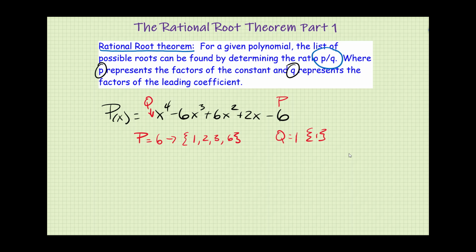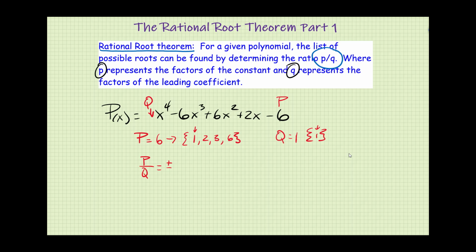So what that means for p over q would be the ratio of those lists of factors. You start with plus or minus because we don't know the combination. How did you get this -6? Was it -1 times +6? Was it -6 times +1? You don't know how that's set up. So we do the first factor here divided by the first factor in this set.